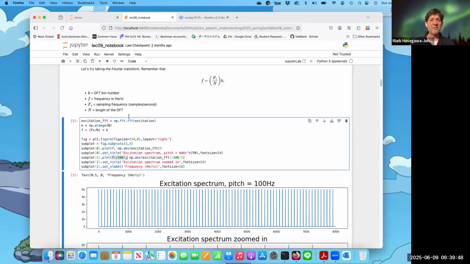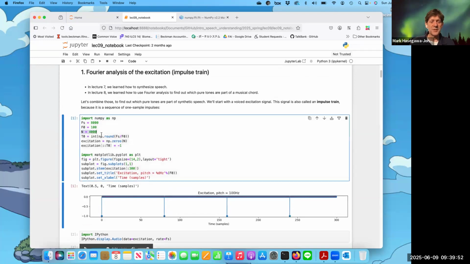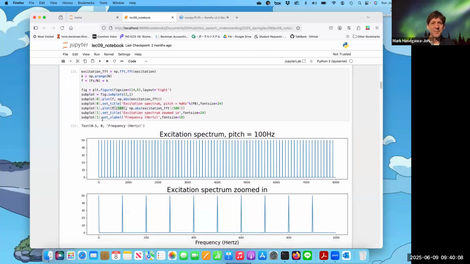The lowest 500 out of those, let's see, how many did I have? I had a total of 4,000 samples. So the lowest 500 should be the lowest 250 hertz, I guess. 4,000 samples for 8,000 hertz means that 500 samples should be the lowest 1,000 hertz. I'm sorry.